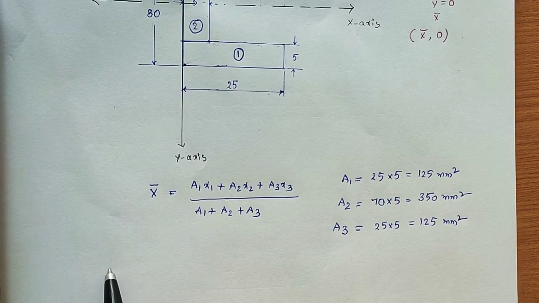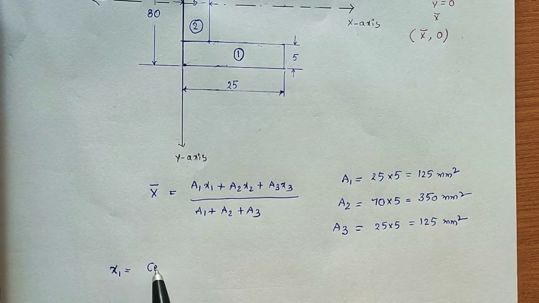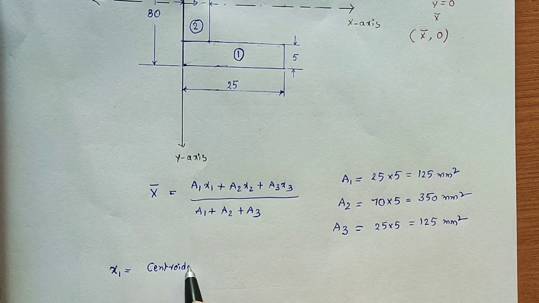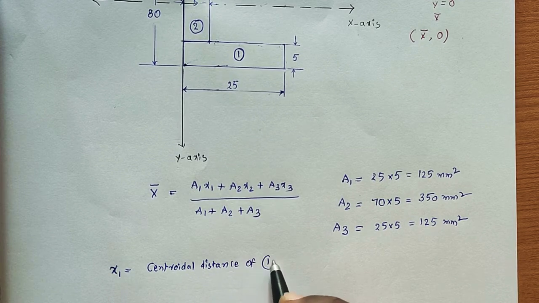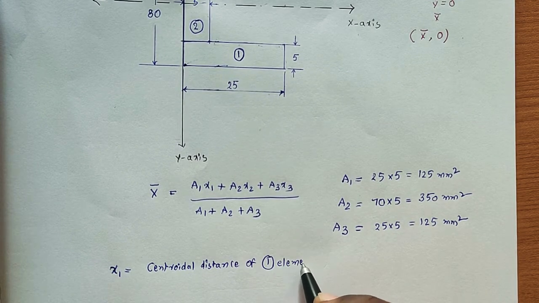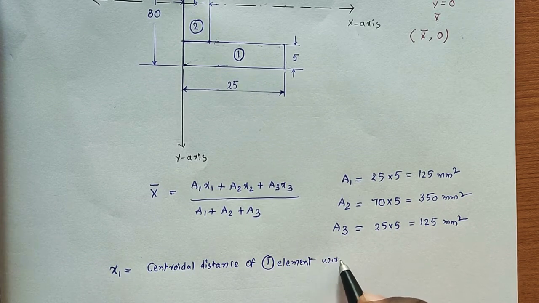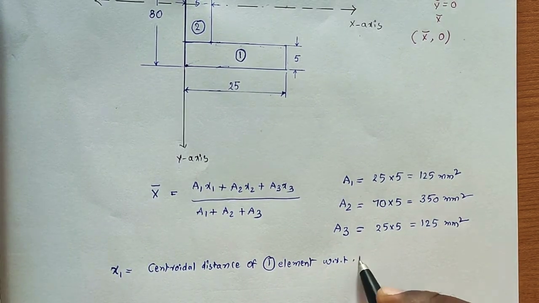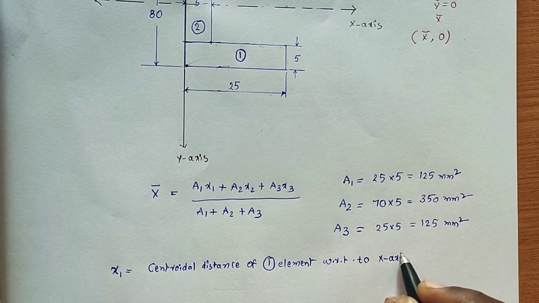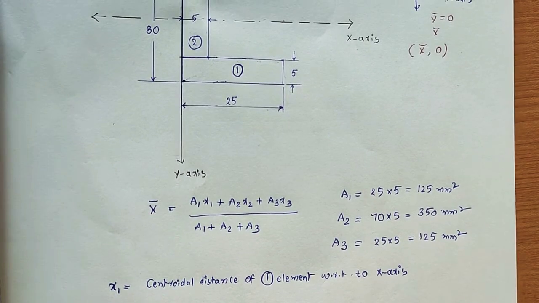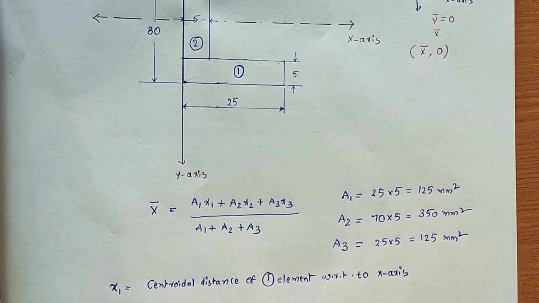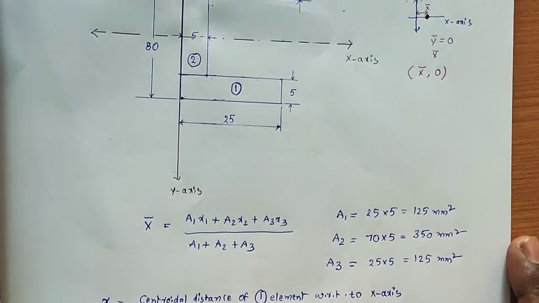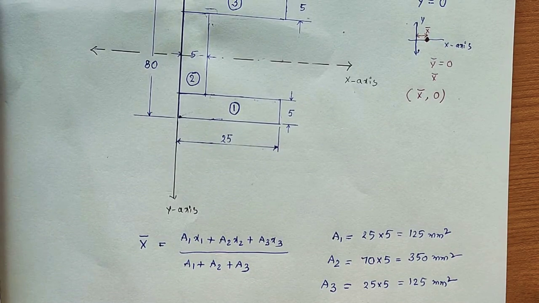So here first, x1 equals the centroidal distance of the first element with respect to the x-axis.